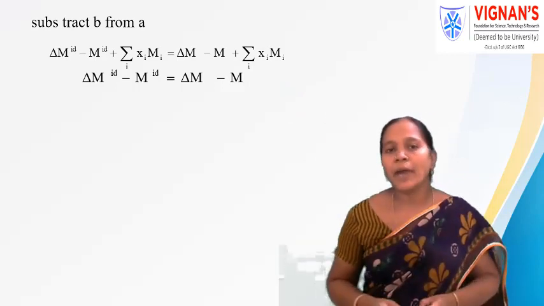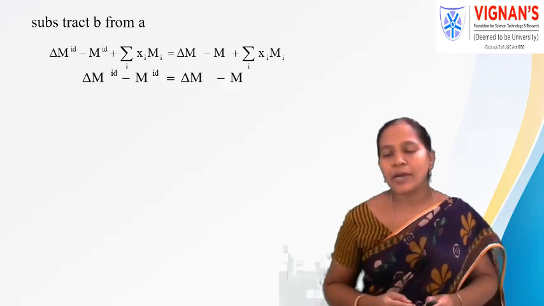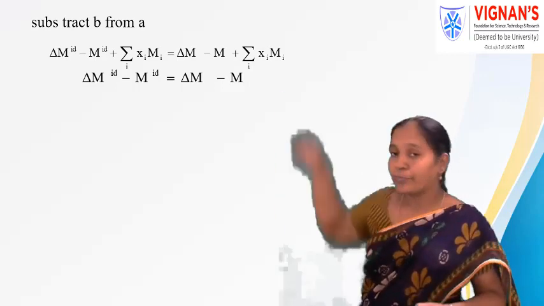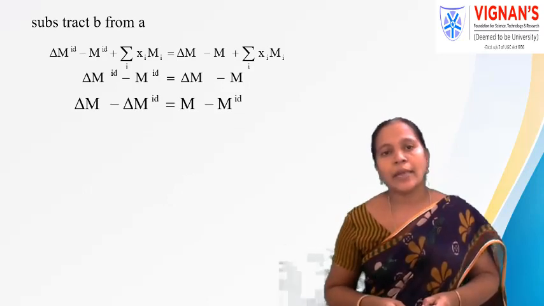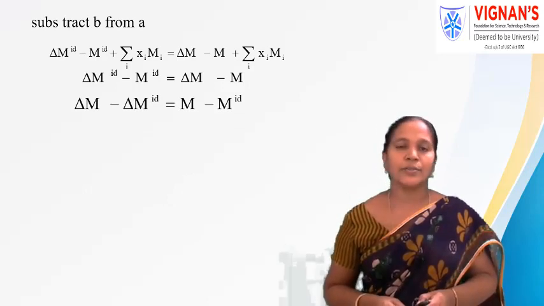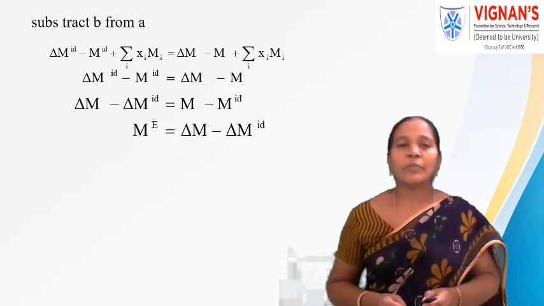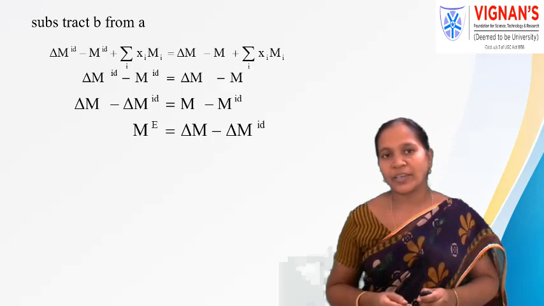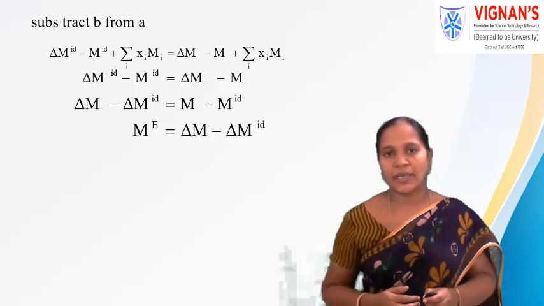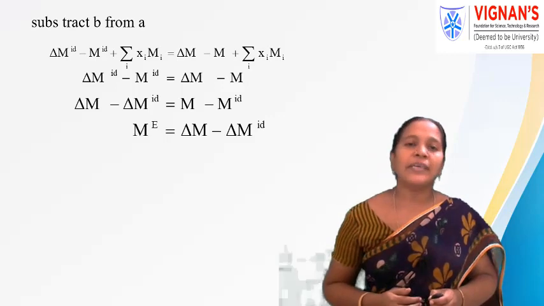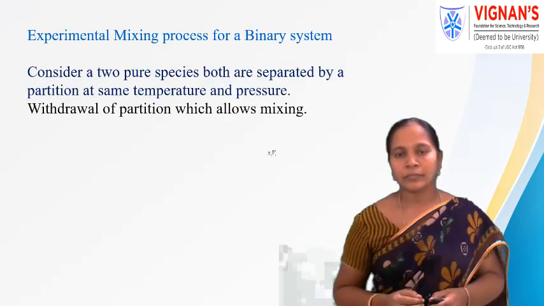Therefore, delta M ID minus M ID is equal to delta M minus M. Delta M minus delta M ID is equal to M minus M ID. Therefore, from the definition of excess property, M minus M ID is equal to ME. Therefore, ME is equal to delta M minus delta M ID.